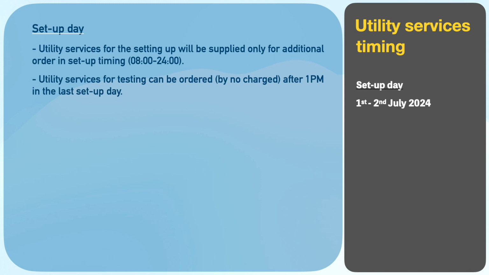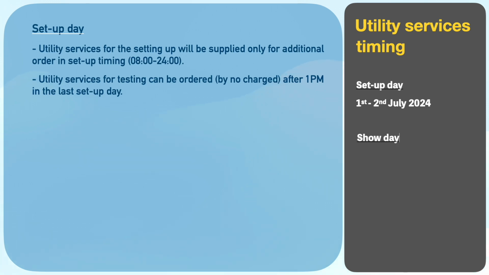However, if any exhibitor needs to turn on the system for testing purposes, they can inform the service counter staff starting from 1 p.m. on the last day of construction, which is July 2nd. During the period, they can inform without any charge. But if they need to use the electrical system before that, they will need to order the system for construction on a daily basis.